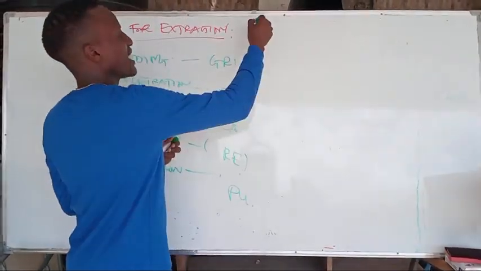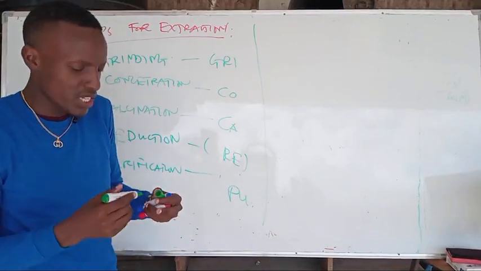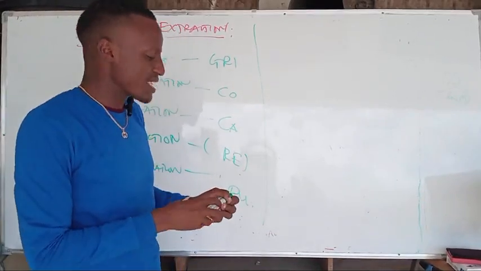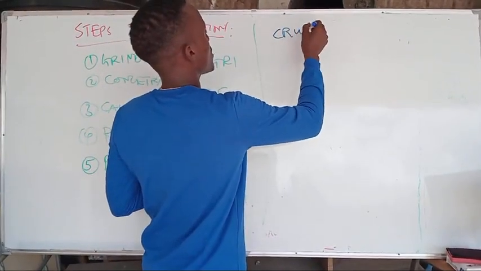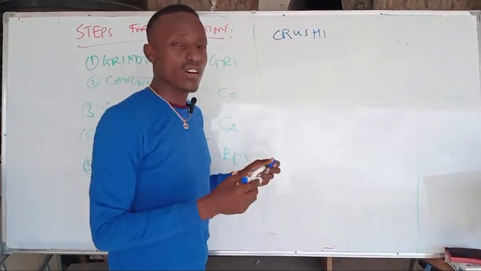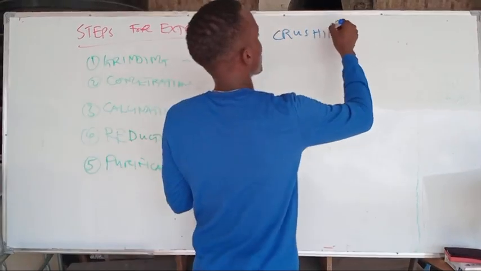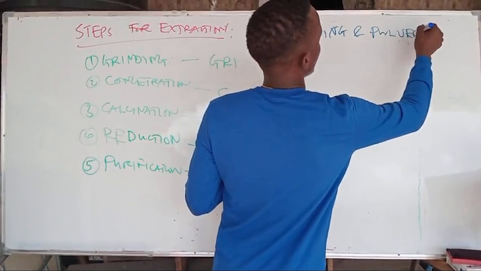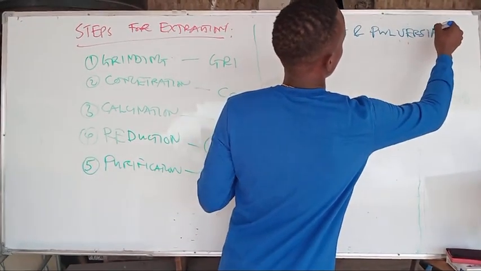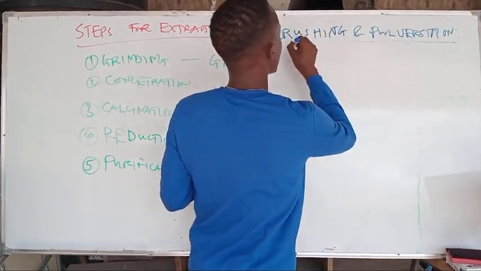Speaking about the grinding, you can't grind something without crushing it first. So you take the metallic ore as the solid, and we say crushing. In your book, they have said crushing and pulverization.